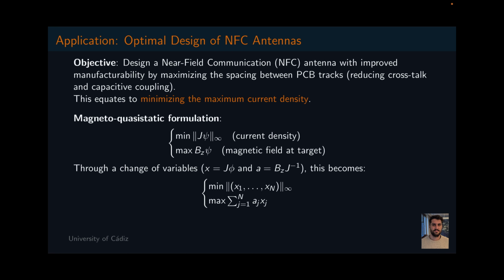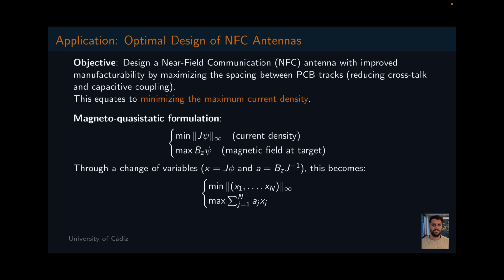Our engineering objective was to minimize the physical spacing between the PCB tracks to prevent these issues. Physically, maximizing track spacing is mathematically identical to minimizing the maximum current density in the antenna structure.